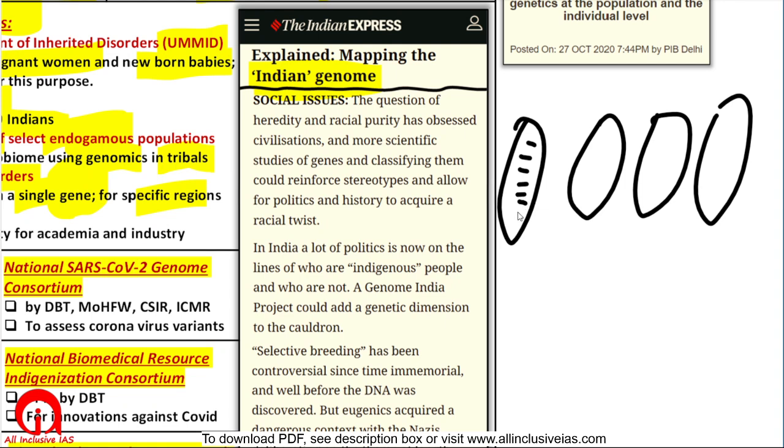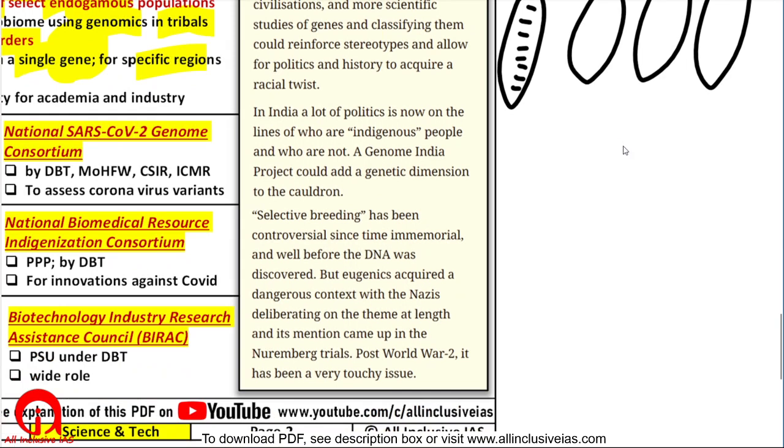The DNA of each individual is unique, but overall the DNA of these races will have some differences. So by DNA maybe you can identify the race of the person, but you cannot identify the nationality or the religion.